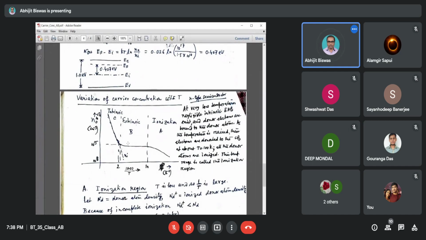Beyond this, if we raise the temperature of the sample, there will be a huge generation of electron hole pairs, and the intrinsic carrier concentration will dominate over the extrinsic impurity concentration, and this region is called the intrinsic region. This graph shows the variation of carrier concentration with temperature.